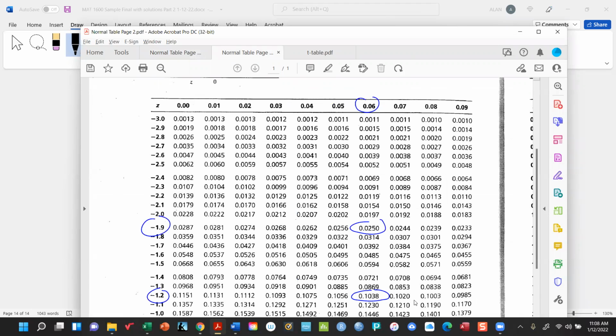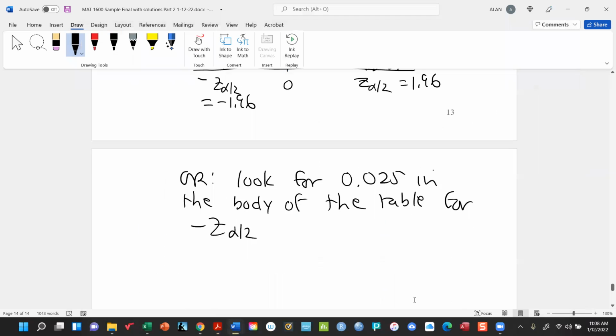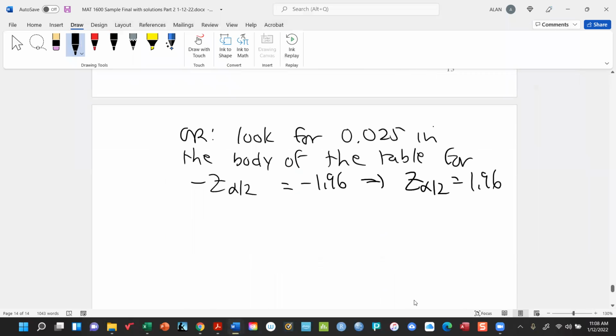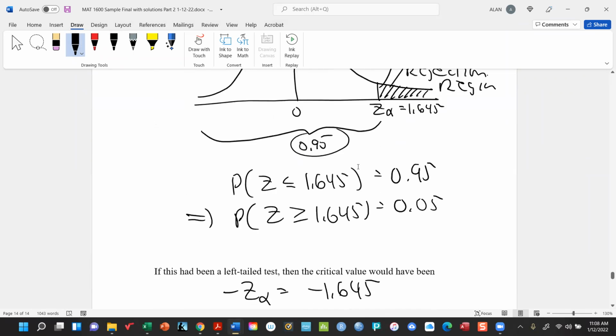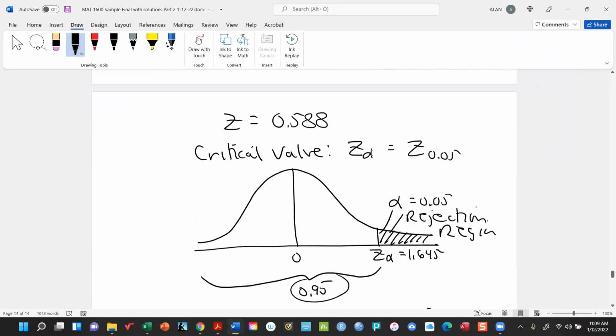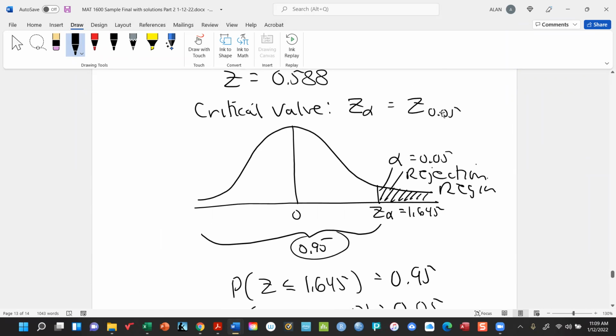Negative 1.96, which implies that positive Z alpha over 2 is positive 1.96. Okay, so the two-tailed test, like I said, is essentially equivalent to doing a confidence interval. So you can use that chart from up here. But for the others, you'll have to look that up in the table. All right.